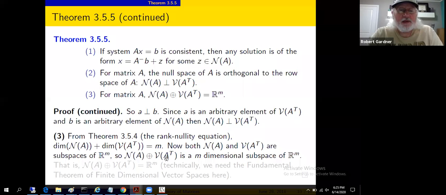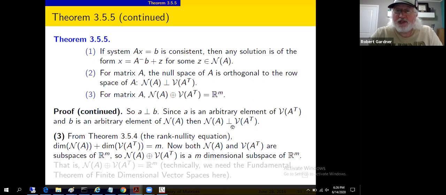When you take direct sums, as we went through a section or two ago, we can talk about the dimension of a direct sum as the dimension of the null space plus the dimension of the space equals m. So the dimension of the direct sum space also equals m.